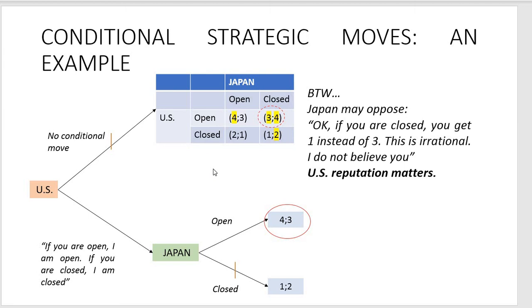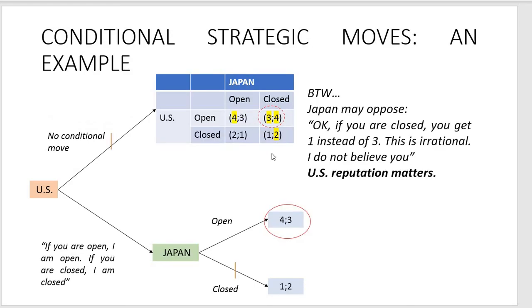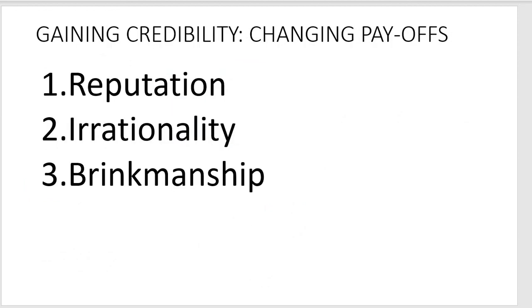No one will ever believe that you will hurt yourself, and that's why your threats are simply not credible. So having a reputation as an irrational player, like acting as an irrational player before, in a way which hurt both you and other players, might be a good asset actually. It will make your threats more credible.